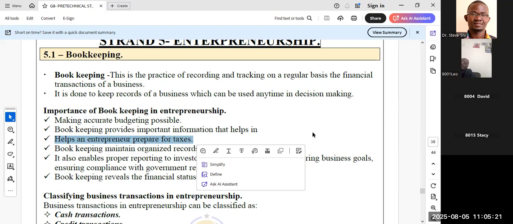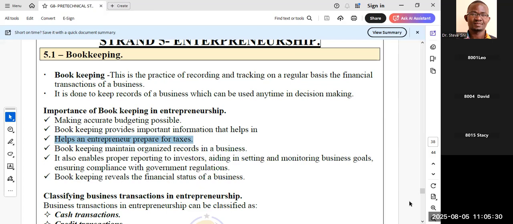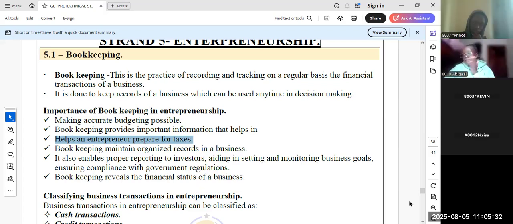Now, how does the issue of taxes come in? You see, these business people, at any given time, they'll be forced to have what we call business permits. What shows that you are permitted? What shows that you have been licensed to operate your business in a given area? And that is where the issue of taxes comes in.